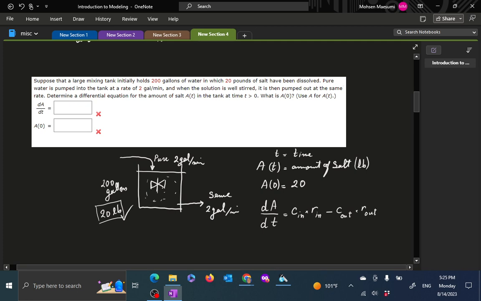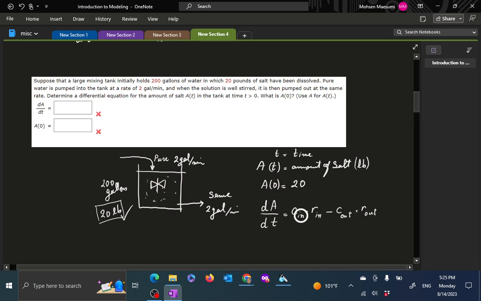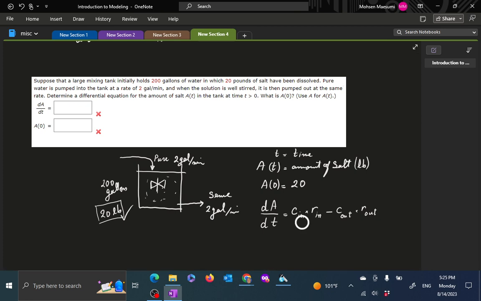So again, salt is either coming in or leaving, and we have to take account of both. The amount coming in is the concentration of incoming fluid times the rate at which it's pouring in, and the rate at which it's leaving is the concentration of the leaving stream times the rate at which we are pumping the water out.